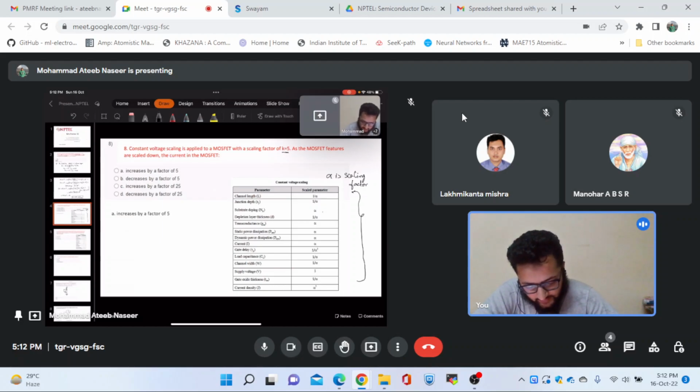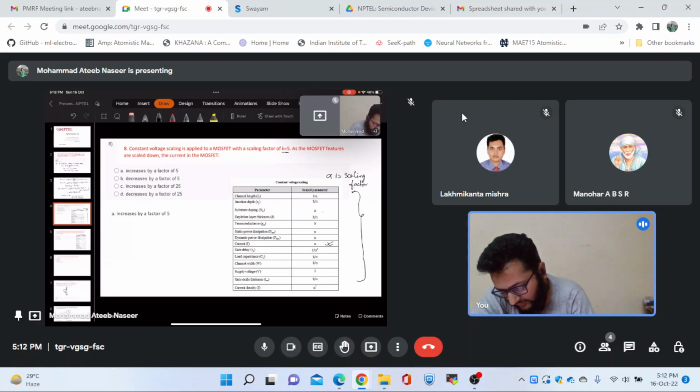So there are some implications of this thing. The implications are the current will be increased by the factor by which we are scaling. So since we are scaling it by 5, the current will increase by 5 times. So we will select this option.